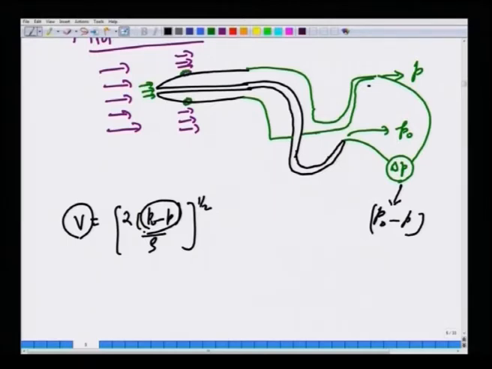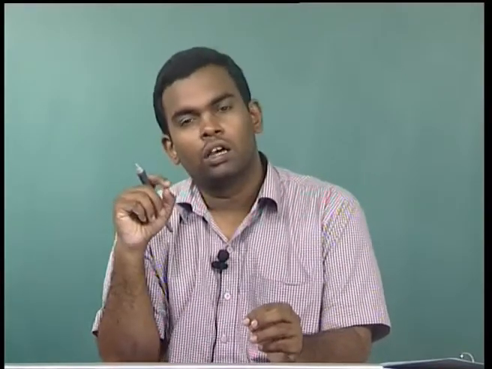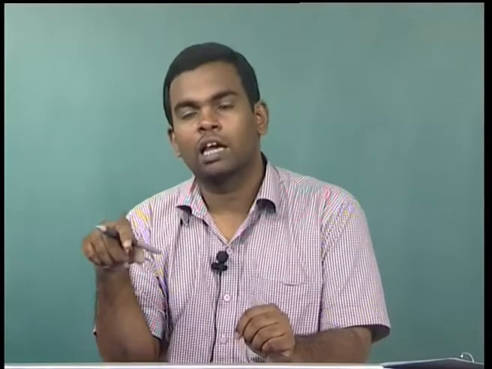As I told you some time back, the velocity of a fluid that flows inside a tube or a channel varies at various points in the cross section, and that can be measured by using the pitot static tube, because it gives you a handle to measure the local fluid velocity.